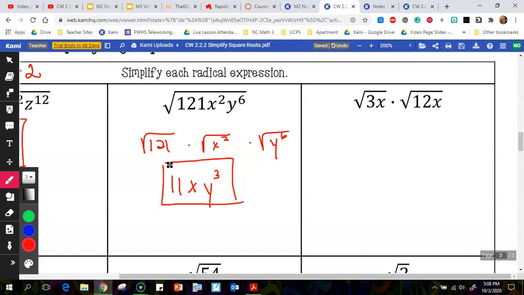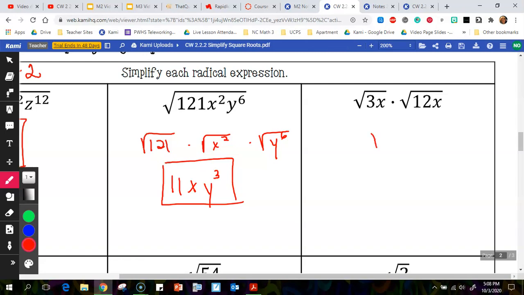Okay, the problem comes in when you've got numbers that you can't take the square root of. Because these are both square roots, the radical is a square root, not like a square root and a cube root or whatever, we can multiply the 3 times the 12 and the x times the x.